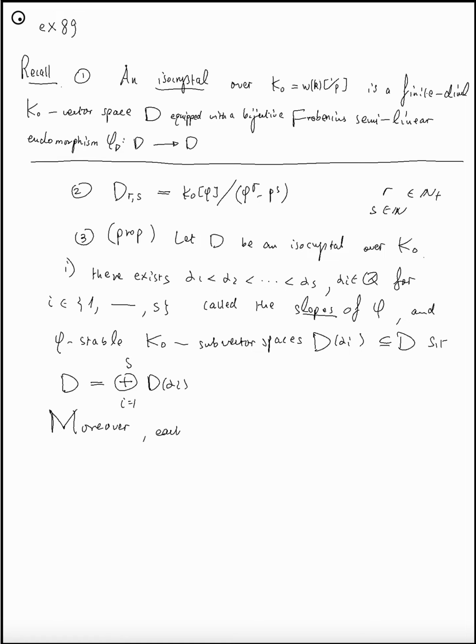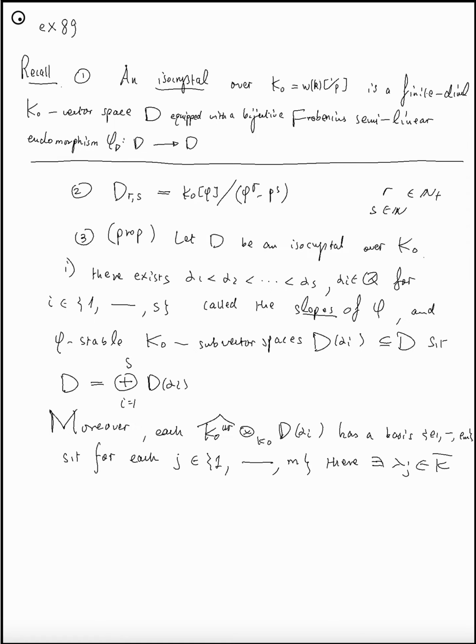Moreover, if we extend the base change to K0 unramified completion, it has a basis e_1 to e_m, such that for each j, integer from 1 to m, there exists some lambda_j with p-adic evaluation equals exactly alpha_j.